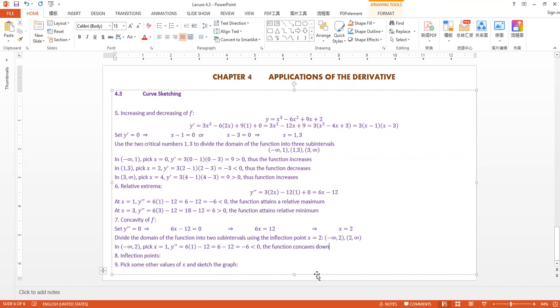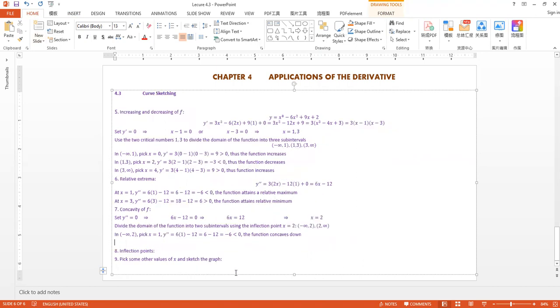Then we can do the same thing for the other subinterval from 2 to infinity. This time we can pick x equal to 3, for example. So 3 is greater than 2. We get y double prime, the second derivative, equals 6 times x minus 12.